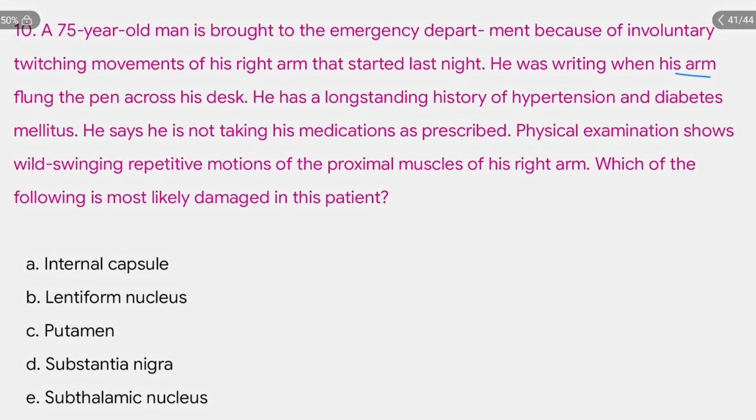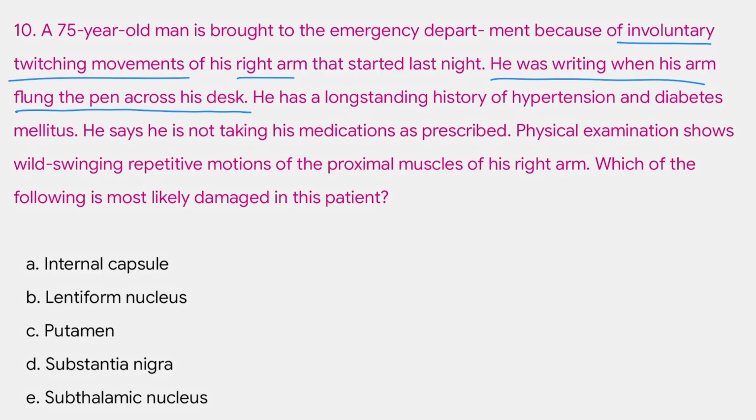A 75-year-old man is brought to the emergency department because of involuntary twitching movements of his right arm that started last night. He was writing when his arm flung the pen across his desk. Long-standing hypertension, diabetes mellitus. He's not taking any medication as prescribed.